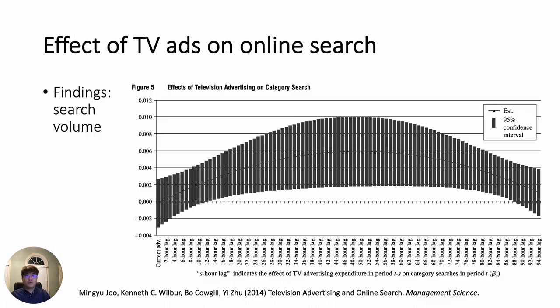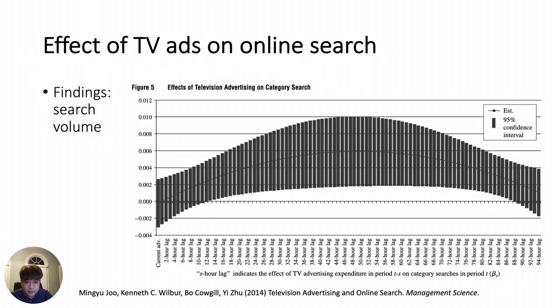This figure shows the main finding. TV advertising has a small but positive effect on category search. Out of the 96 lag effects, 76 are positive and statistically significant, and none of them is proven to be negative.